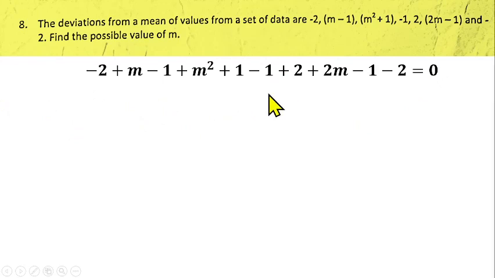If we simplify this further, we can collect like terms. You have m squared, then m plus 2m will give us 3m.